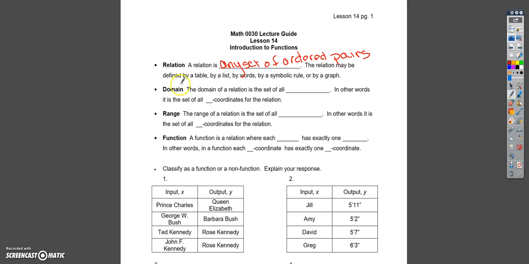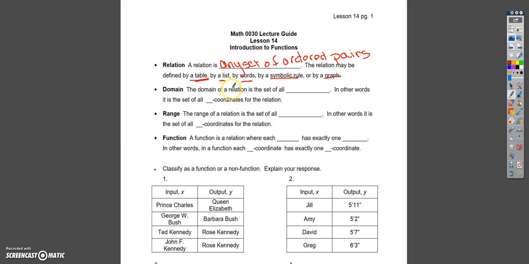The relation may be defined as a table. That just means you might see the ordered pairs in a table by a list like this. You might see them by words, input and output. A symbolic rule would be like an equation, or you might see a graph.